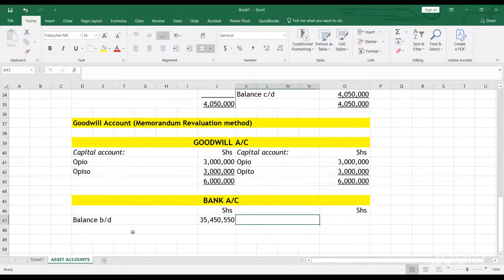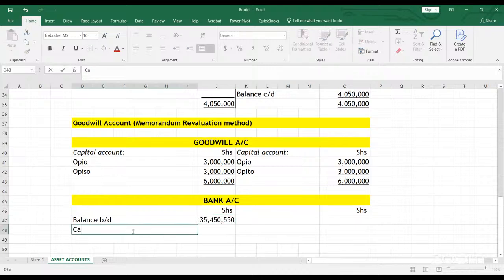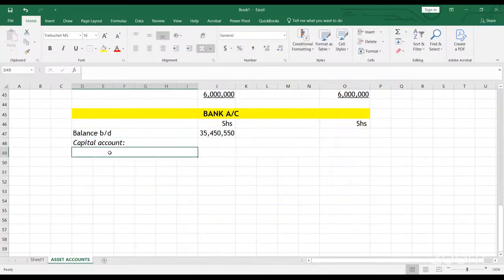Then in the capital account, some partners contributed more capital. The partnership received some money in the capital account, of 2 million.